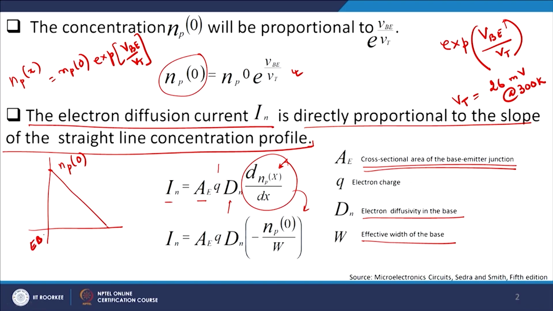This is my emitter base junction and this is my collector base junction, right. This is EBJ and this is CBJ. Then this minus 0, assuming that you have reached the 0 value, I get Np0, and this is your W, the width of the base region, and that will give you the value of In in this case.